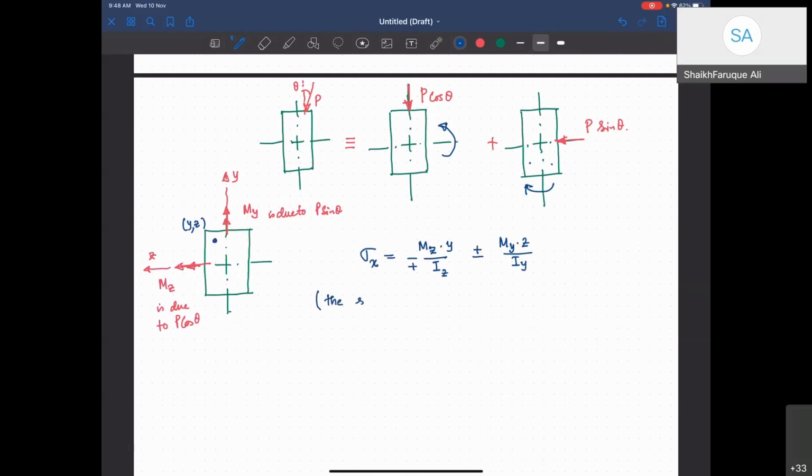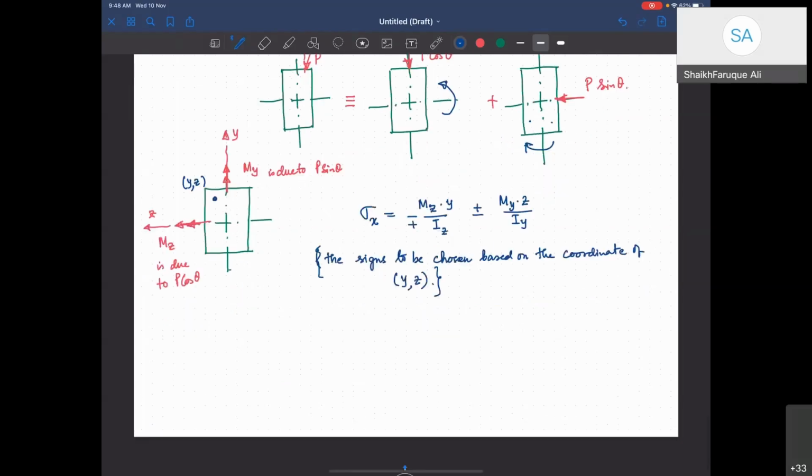The sign convention is to be chosen based on the coordinate you are, y comma z.